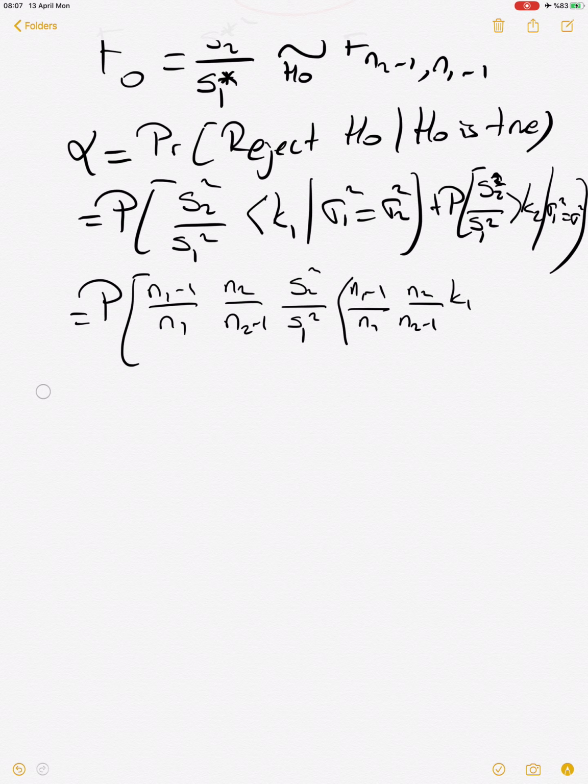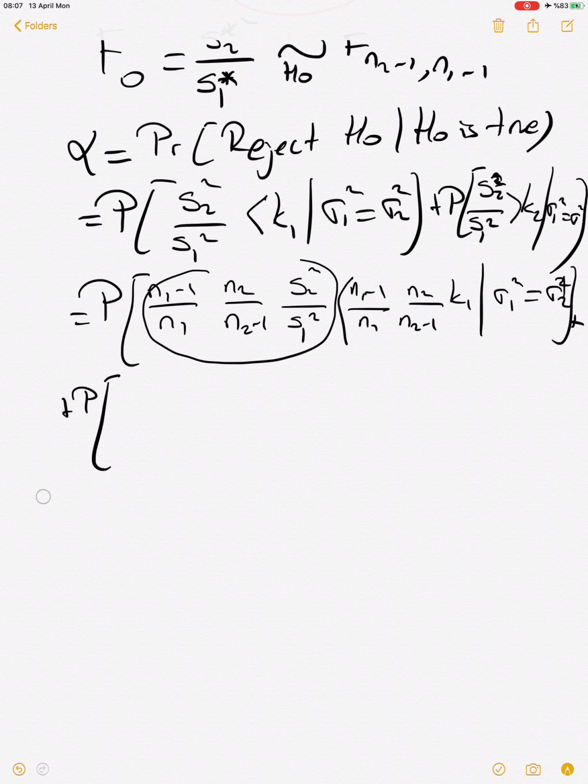So S2 square over S1 square, and add the same constants here under this condition, plus do the same thing to the other side. Actually, let's write this as S2 star square divided by S1 star square.